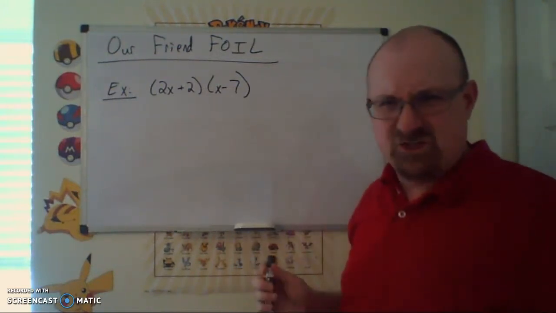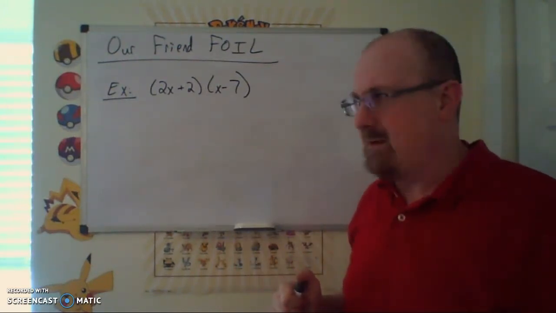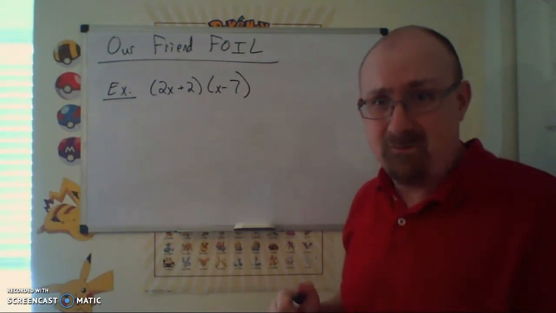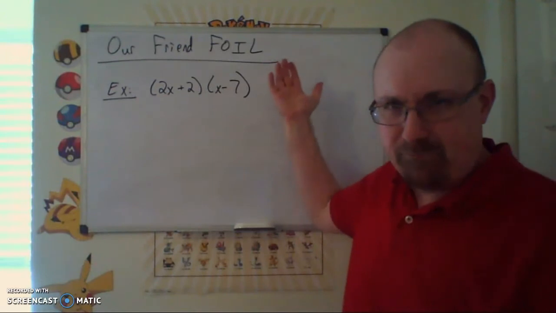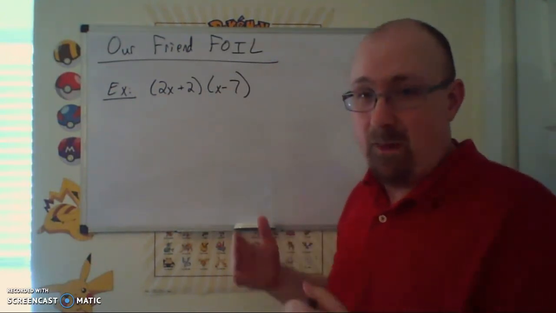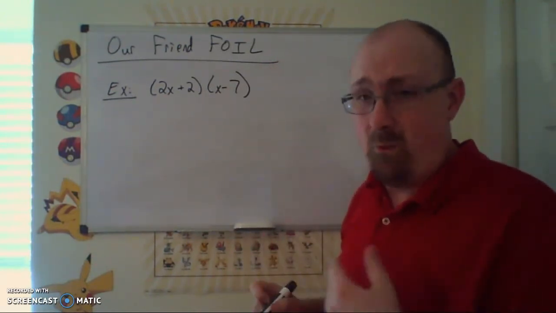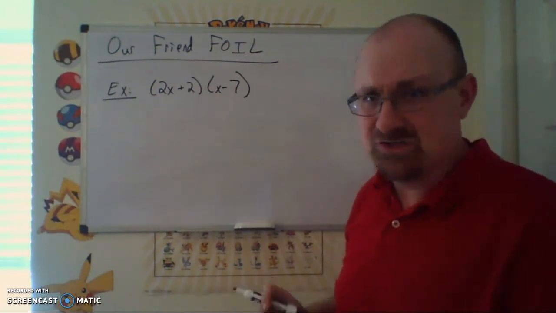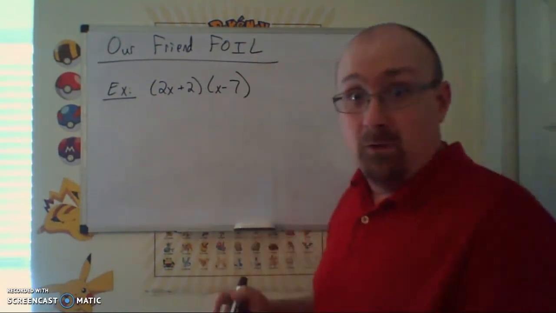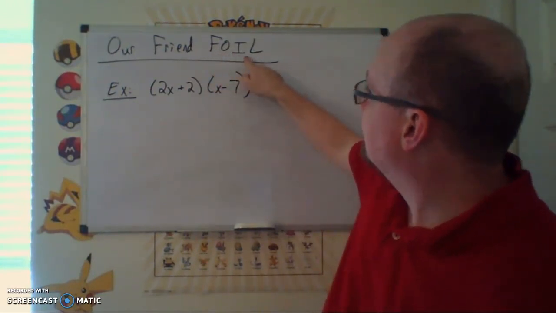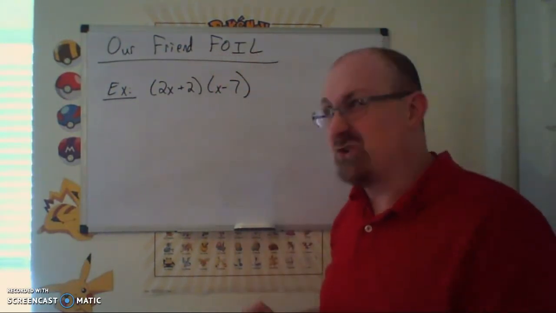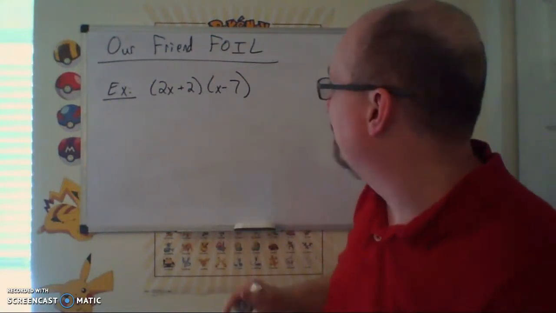There are a slew of different methods out there. I'm fine with whatever you've used in the past. Some students like to draw grids. I learned from my buddy the FOIL algorithm way back in the midst of time, and I'm way too old to go changing gears. So FOIL is an acronym, stands for first, outer, inner, last. That way you make sure you cover all the possible things that you need to multiply together.